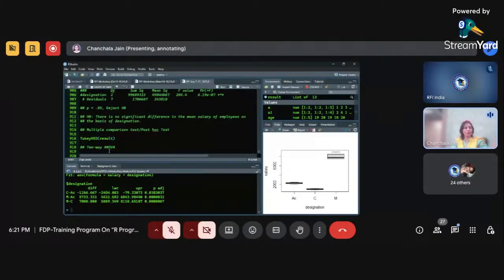Generally ANOVA is a robust test against non-normality. If you find that kind of literature, you can put it in your research paper in support of why you applied this test even when the data is not normally distributed. Got it, ma'am. Thank you.